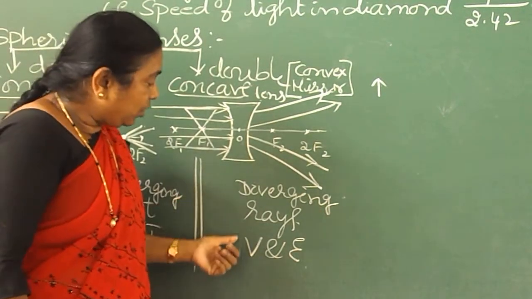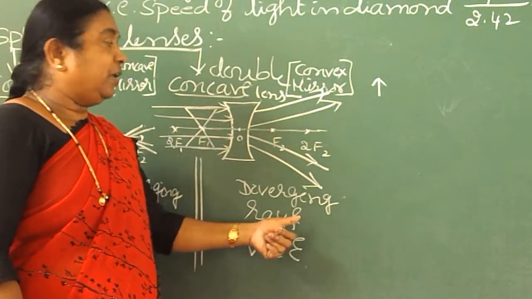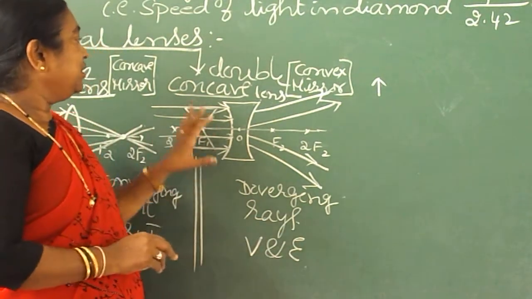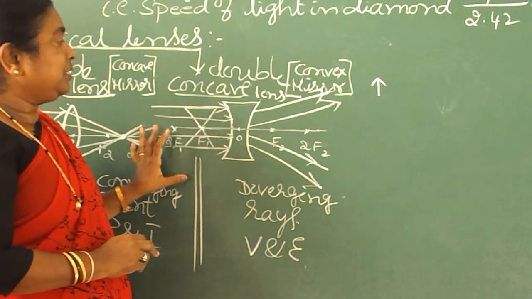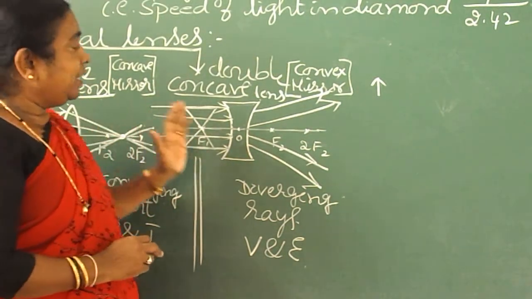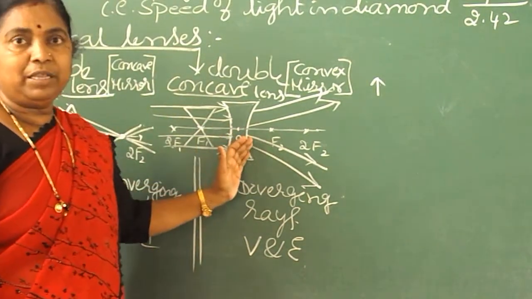Hence, they always form a virtual and erect image that cannot be caught on the screen. This is majorly the difference between the images formed through transparent lenses like the convex lens and concave lens.